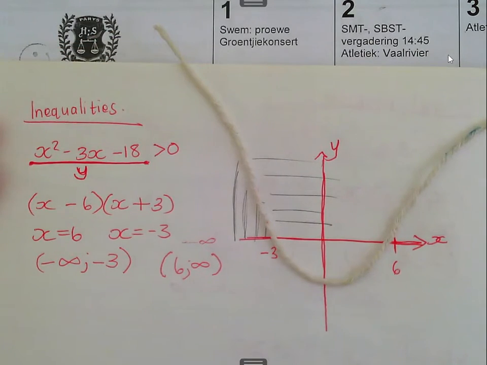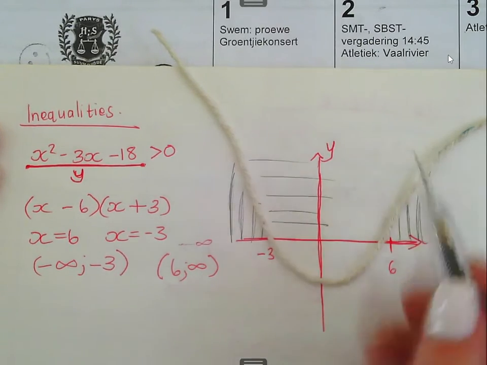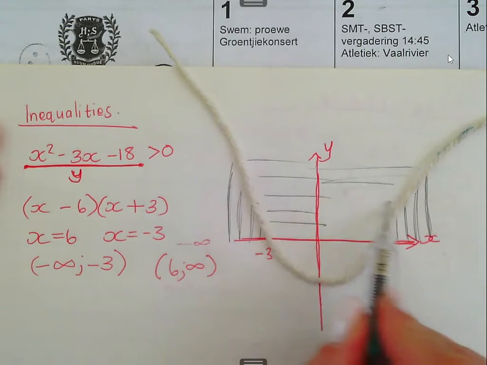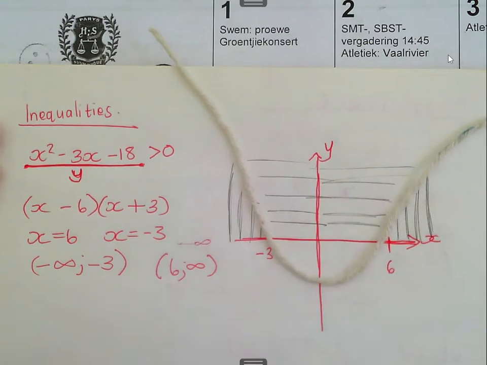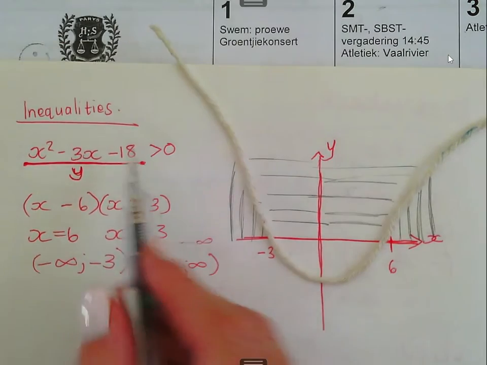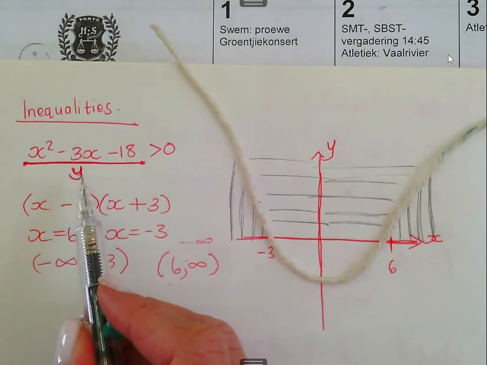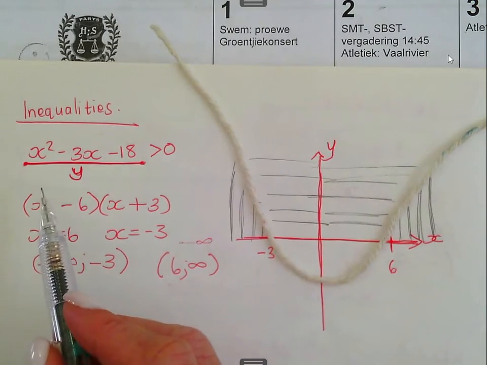Okay? If you take any value greater than 6 and you substitute it into x, it would result in a positive answer. And I'm asking not the value of x, I'm asking for this whole recipe of x. And therefore I'm asking for y.